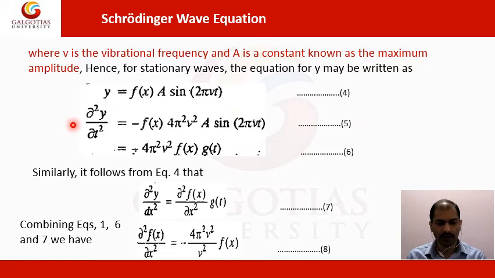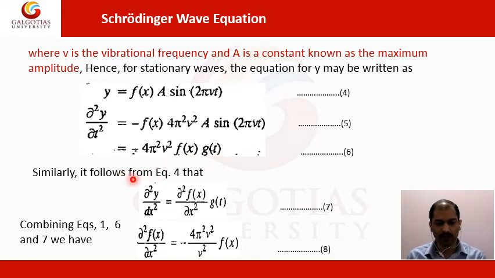So here, taking the double differentiation with respect to t, del square y upon del t square equal to minus f(x) 4 pi square nu square a sine 2 pi nu t. After solving this, it converts to the form minus 4 pi square nu square f(x) g(t).